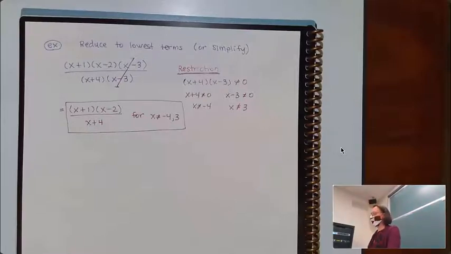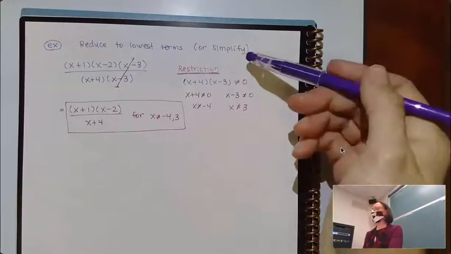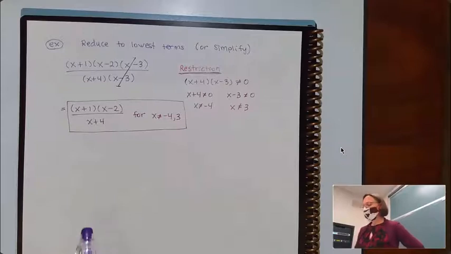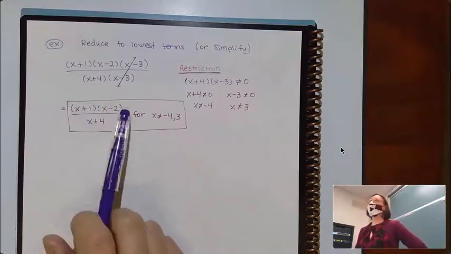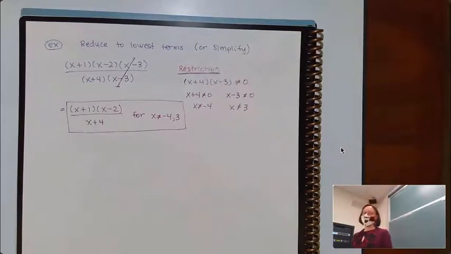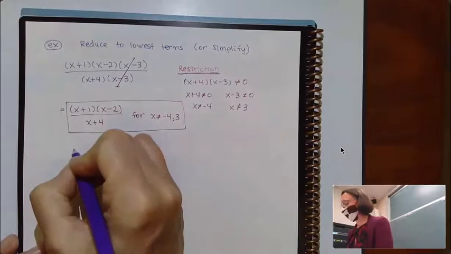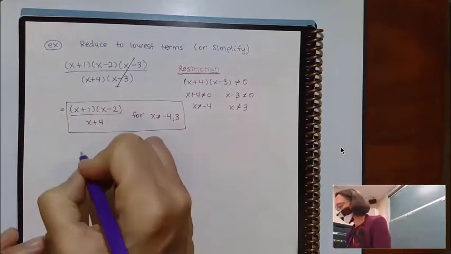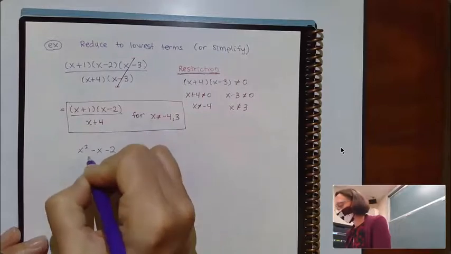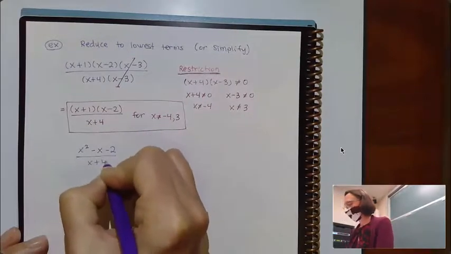By the way, one of the reasons that I don't like the word simplify is there are times when it's great for this to be in a factored form. And there are also times when it would be really nice for the top to actually be multiplied back out to look like x squared minus x minus 2 over x plus 4.